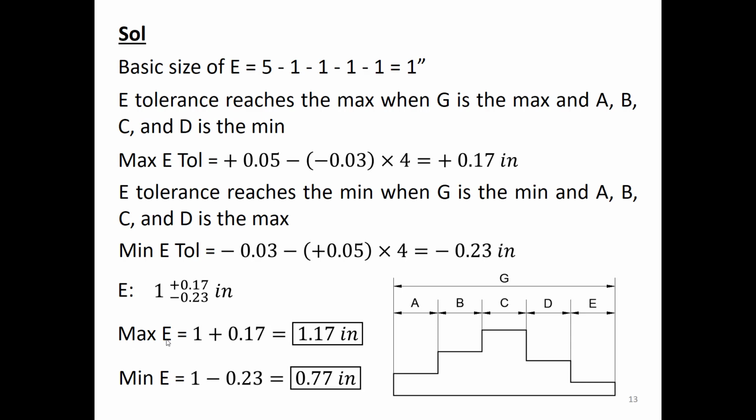And the maximum size of E is going to be the basic dimension plus the upper tolerance, which is 1.17 inch. And the minimum size of E is going to be the basic size plus the lower tolerance, which is 1 minus 0.23, and this is the minimum size of E.